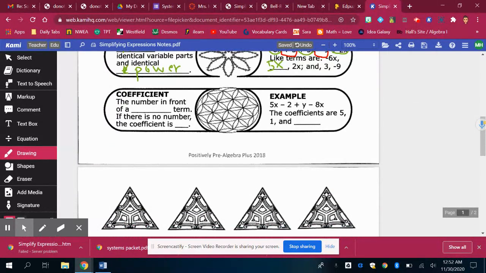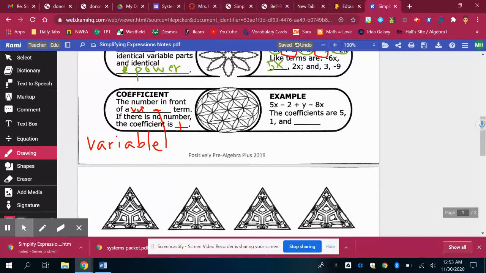Coefficients. The coefficient is the number in front of a variable term. If there is no number, the coefficient is 1. Let me write that down here.